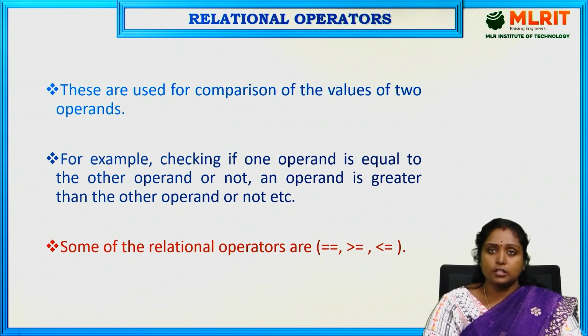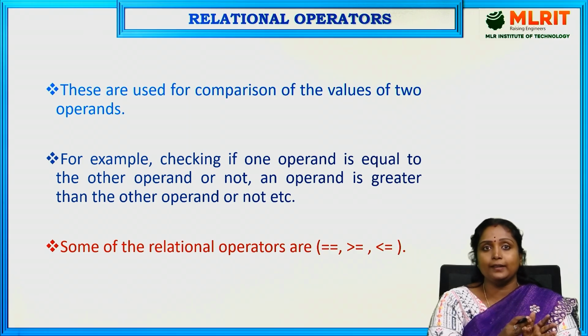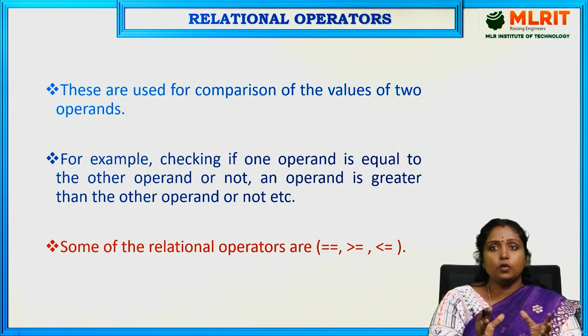Coming to the relational operators. The relational operators are used to define the relation between 2 operands, or you can call them comparison operators, which are used to compare 2 expressions or 2 operands.